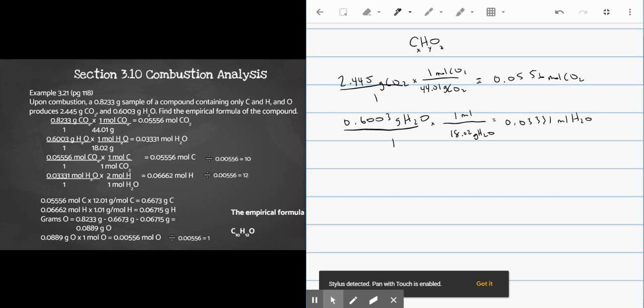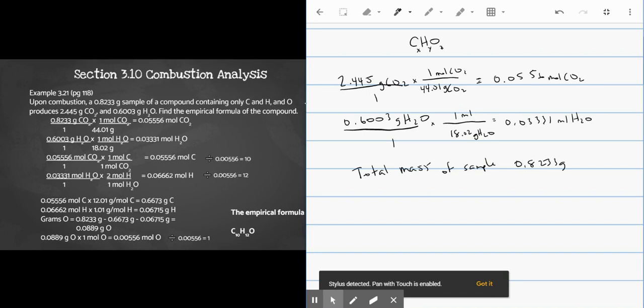And I still have to figure out how much oxygen. Okay, so this is the tricky part. I know the total mass of my sample is 0.8233 grams. Okay, so this is the total. It tells us upon combustion of this much sample, you get this much carbon dioxide and this much water out.